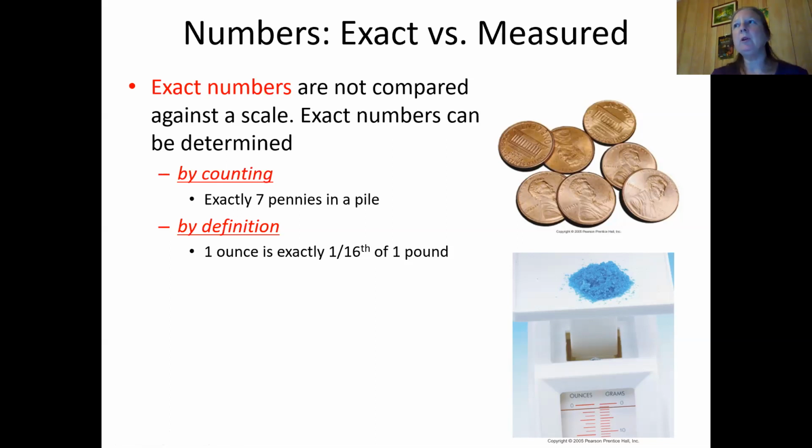But if I'm looking at a volume of liquid in a graduated cylinder, I'm eyeballing that. I might have a slightly different measurement down to the very last number than the person next to me. So an exact number is something that's not going to change no matter who is counting or measuring it. 7 pennies is 7 pennies is 7 pennies. It's never going to be anything else.